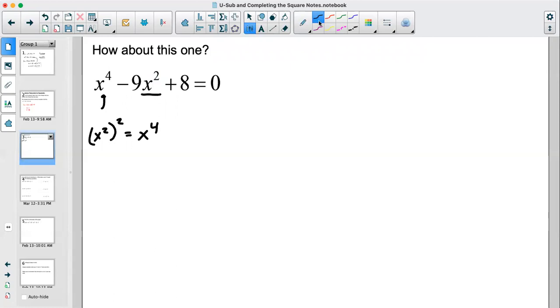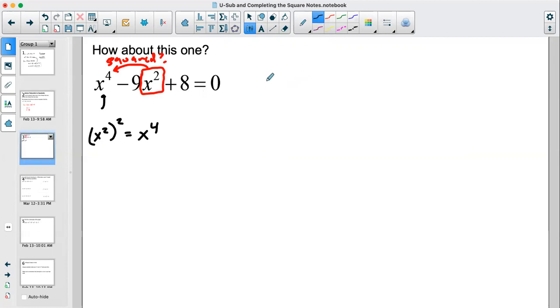So basically, the way to recognize this as a problem where you should use the U substitution method is to see, is the thing in the middle here, if I square it, do I get this thing in front? And the answer is yes, you do. If you square x squared, you get x to the 4th.